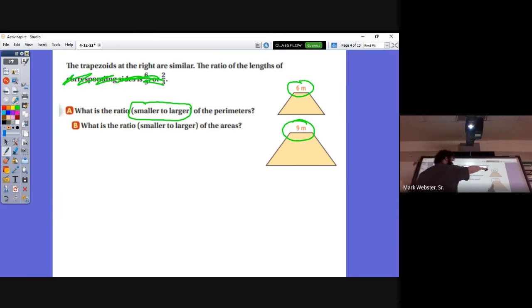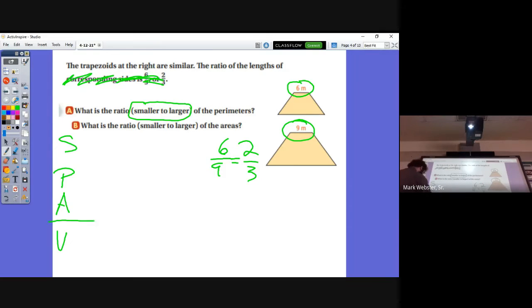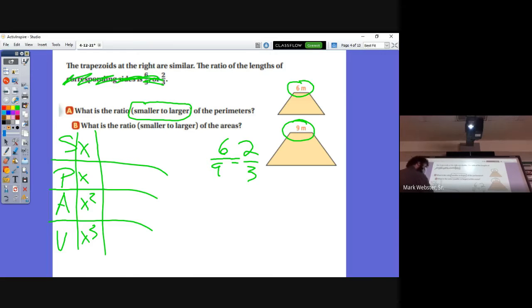So look, we go through and say, all right, well, this one is 6, this one is 9. 6/9 is 2/3. So the scaling factor is 2/3. Let me fill out the rest of this chart just so I have everything, right? This is just the same. This, you square it. This one, you cube it.